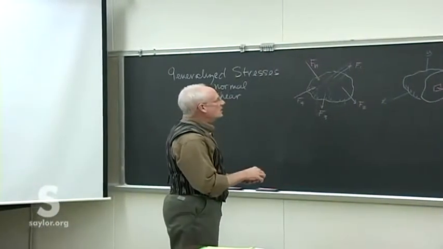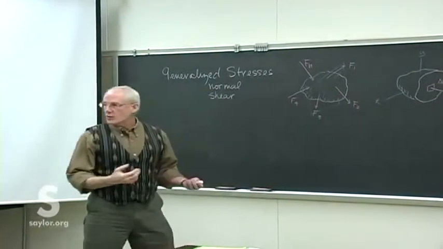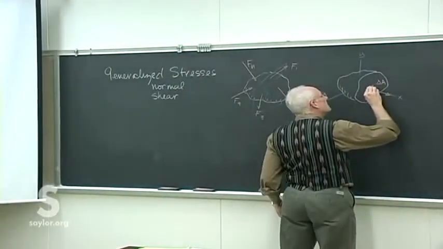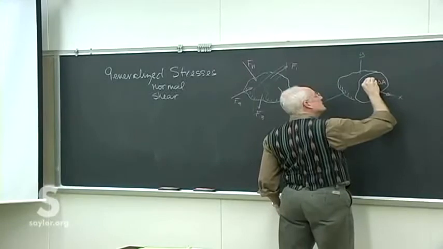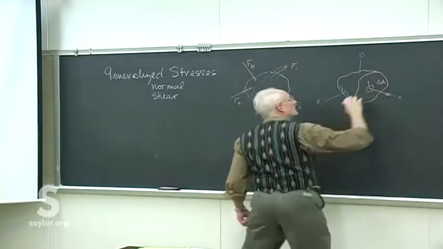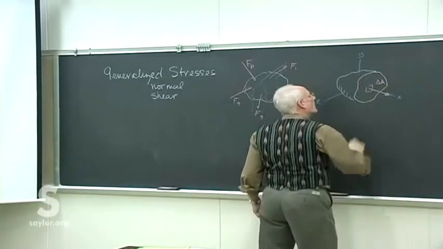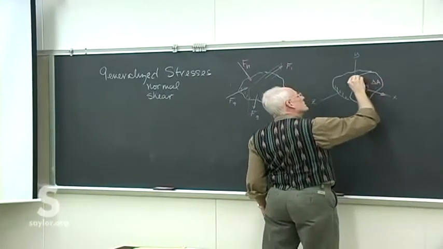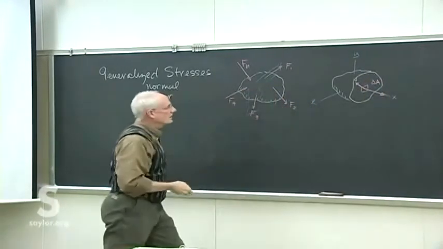And then the other component of the resultant force, no matter where it points, is going to have some component of shear. Well, let me draw it in an even more arbitrary direction, because we can't possibly know where it's going to be.